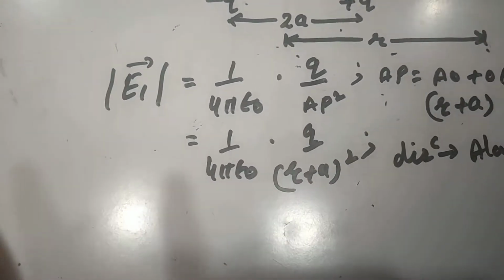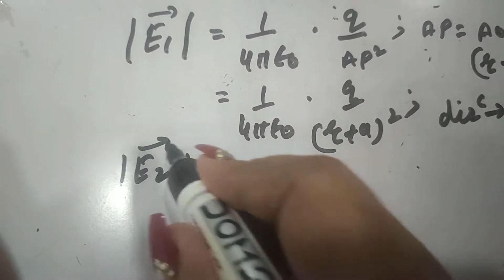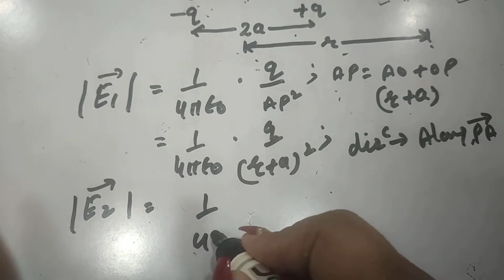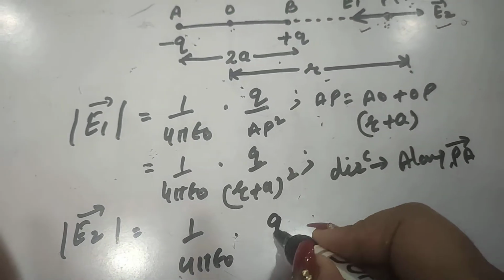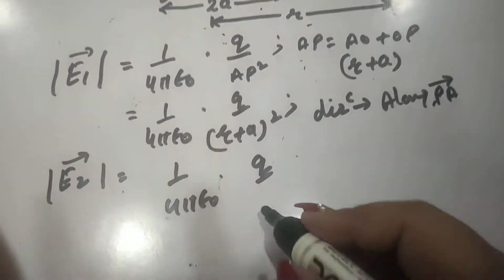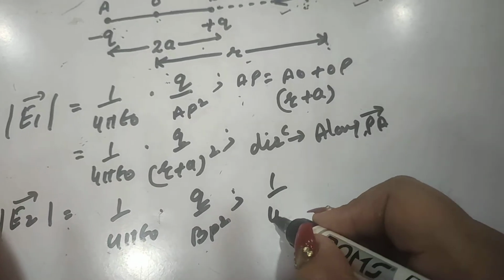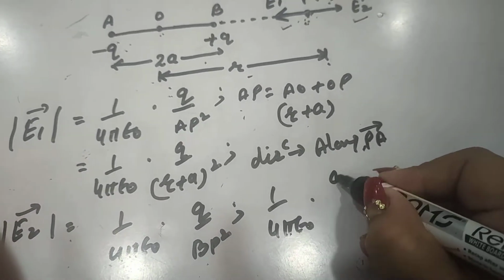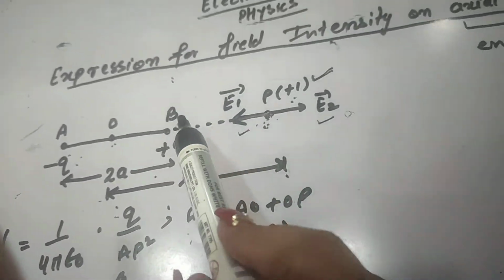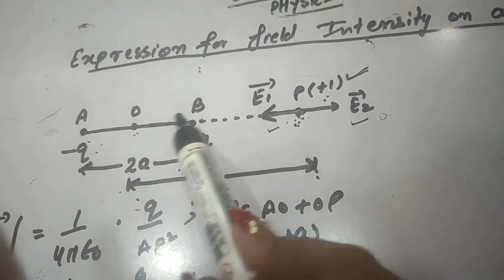Right? Similarly, now calculate the E2 vector. E2 vector is equal to 1 upon 4 pi epsilon naught q upon BP square. BP can be written as OP minus OB.